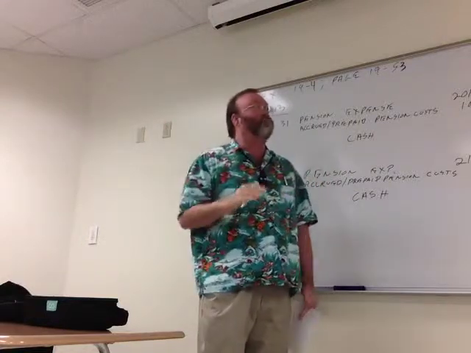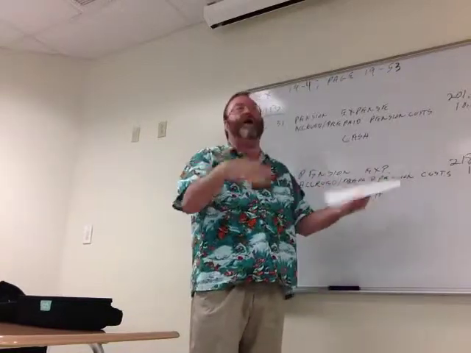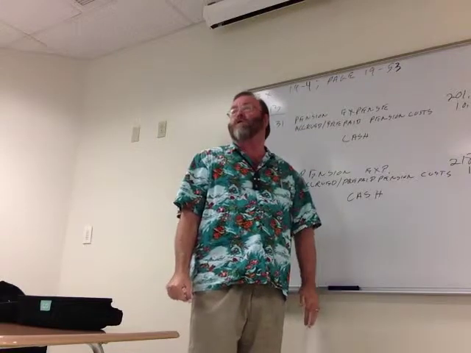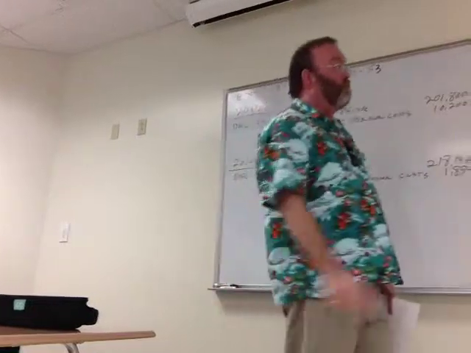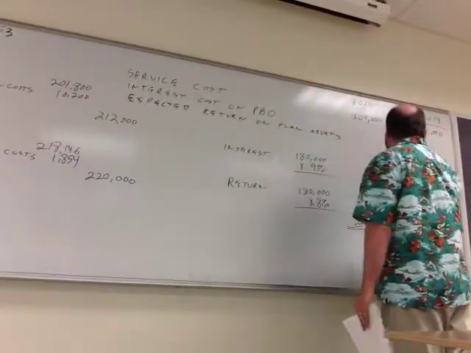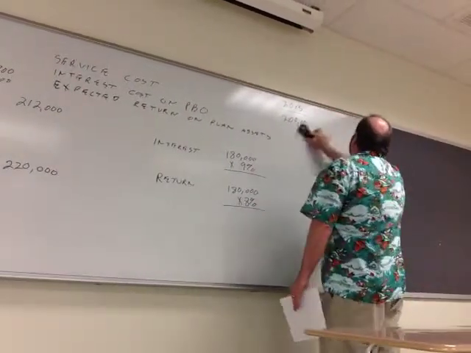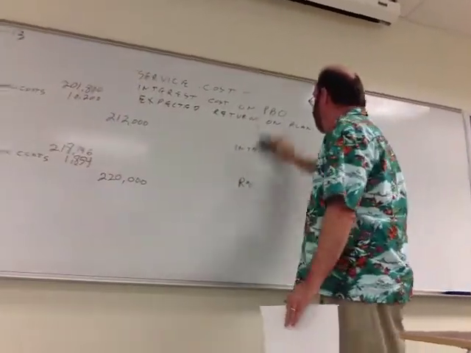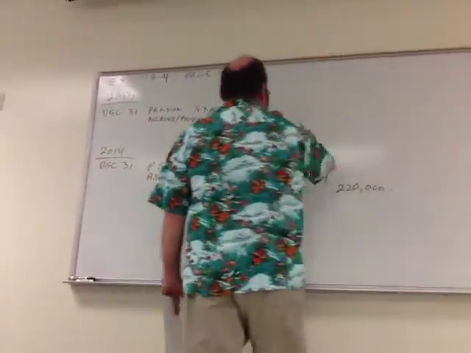And then the return on plan assets, we get to offset the expense based upon how well our plan administrators do with managing the portfolios that they have under investment. All right? So we talked about what the gains and losses on the projected benefit obligation are. So let's talk about what the corridor calculation is on the amortization of that gain and loss.